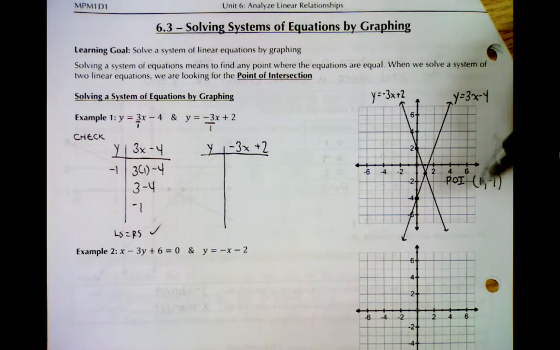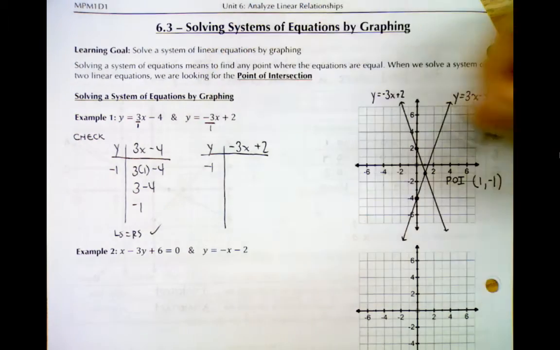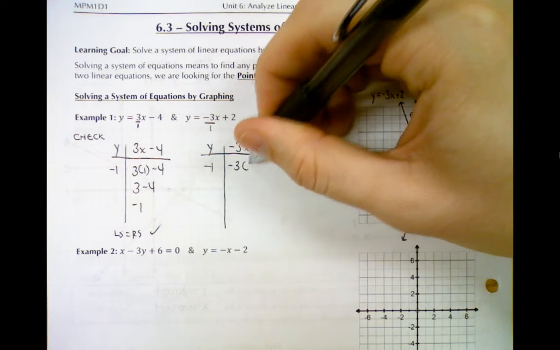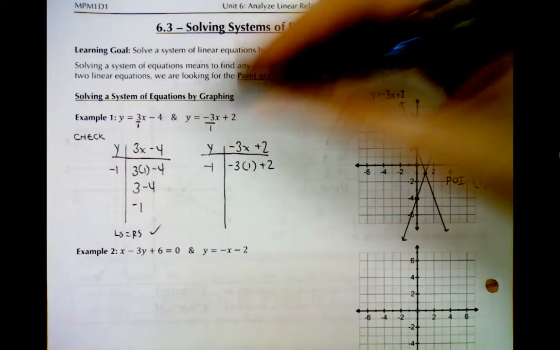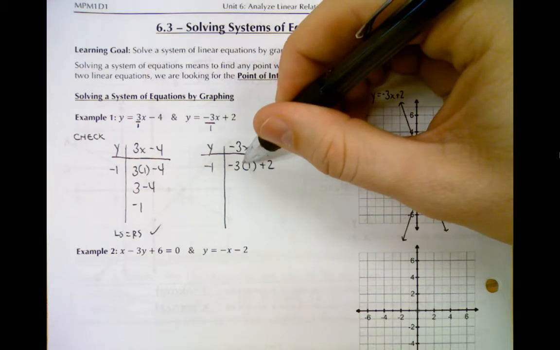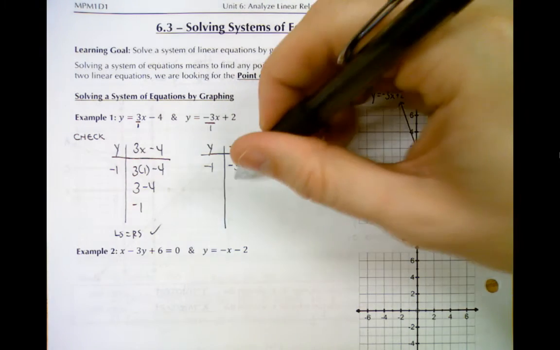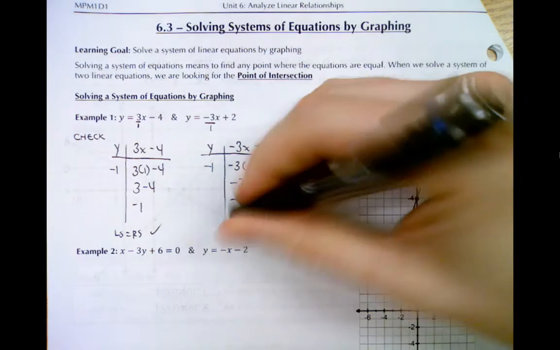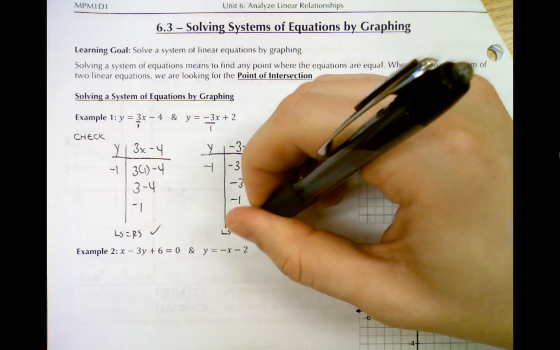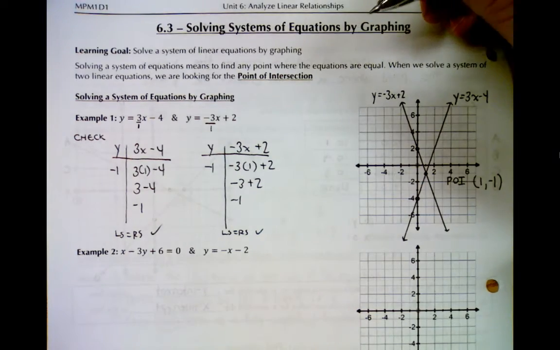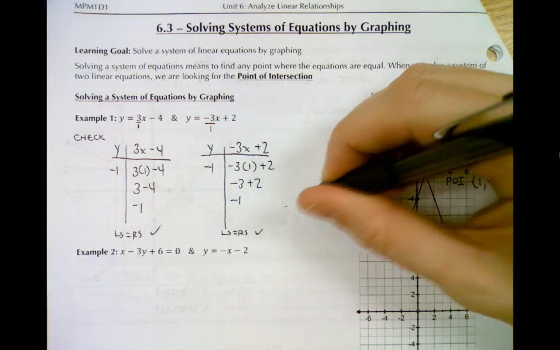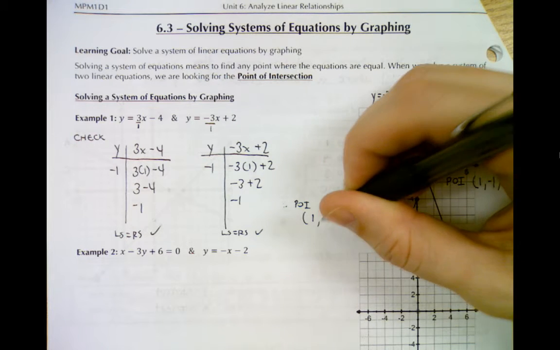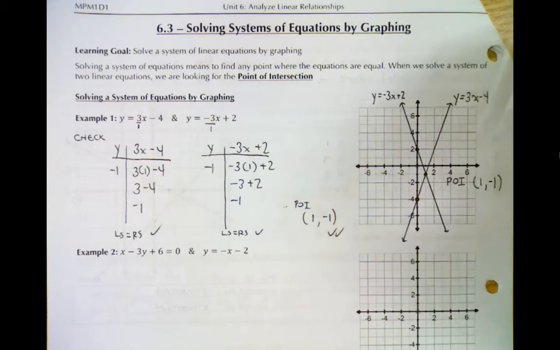The y from our point of intersection is negative 1. The x from our point of intersection is positive 1. So we've got negative 1 equals negative 3 times 1 plus 2. Negative 3 times 1 is negative 3. Plus 2 is negative 1. Left side equals right side. If the left side and the right side are equal on both, that means the point of intersection is in fact 1, negative 1. So that's our answer.